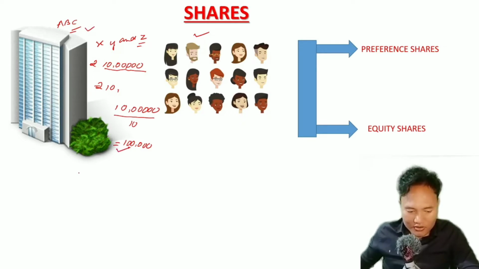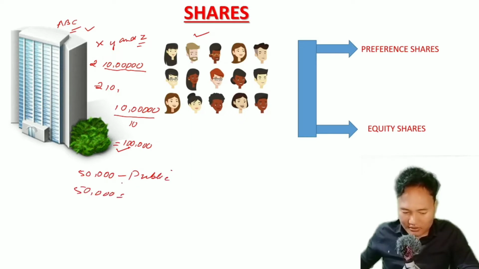Now they may issue 50,000 shares to the public, and they may keep 50,000 shares for themselves. The rest of the shares will be taken care of by the partners. They may issue 50,000 shares to the public through an IPO.